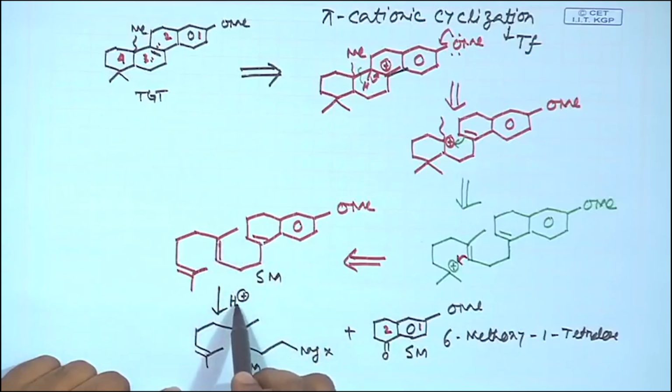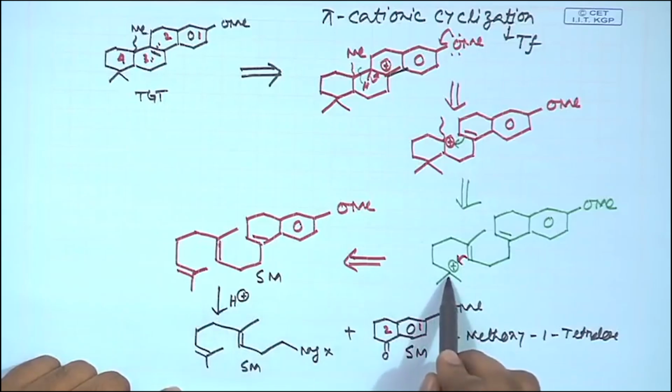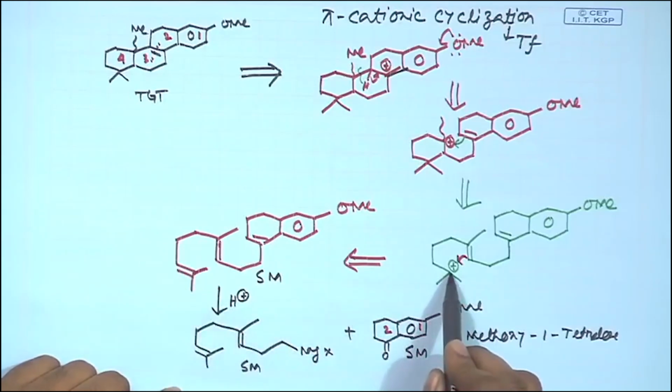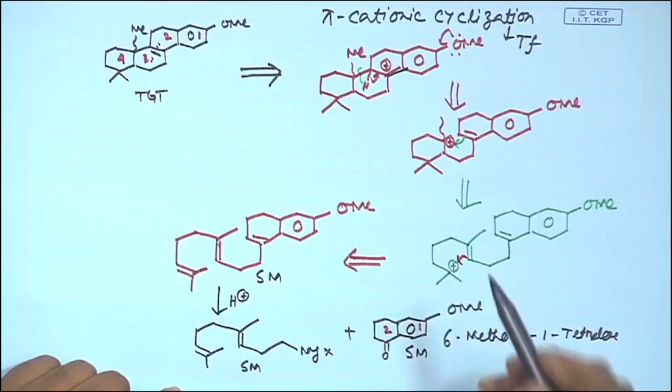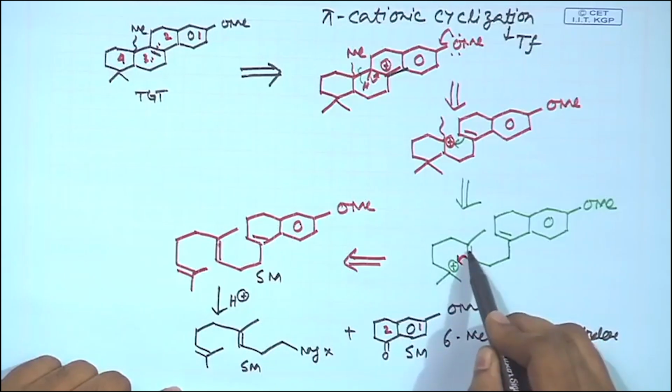Now, you subject this to a mineral acid. Initially, you get this 3 degree carbocation. This is a very stabilized tertiary carbocation, as all of us know.